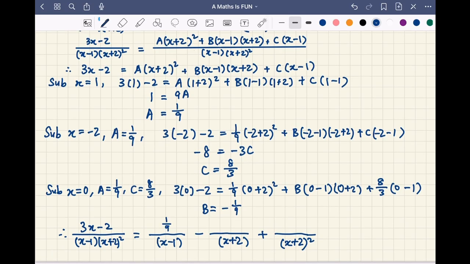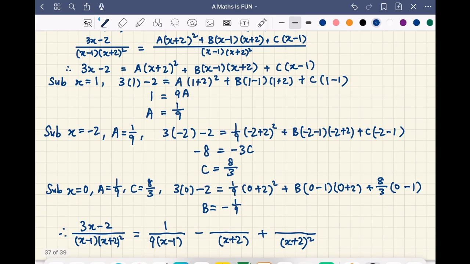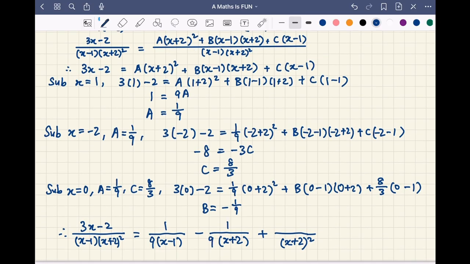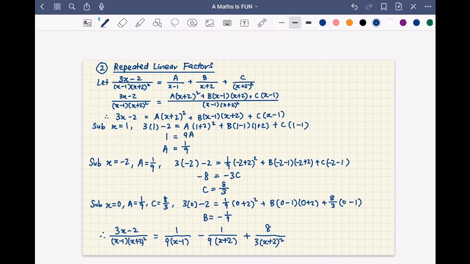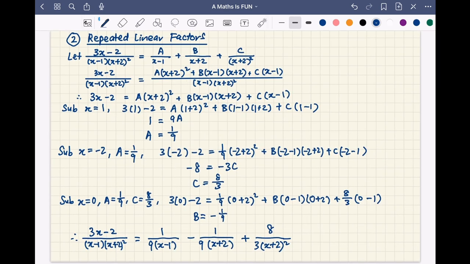If this is 1 over 9 for a, then we simply put it like this, and we have b is negative 1 over 9, and then c we have 8 over 3, right? So this is the partial fractions for the second case of repeated linear factors.